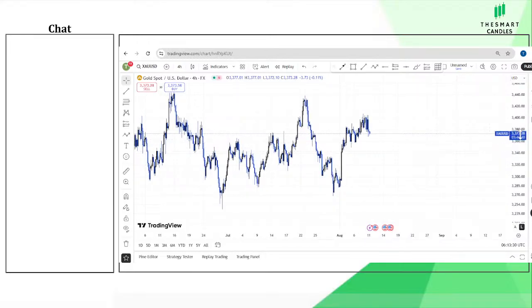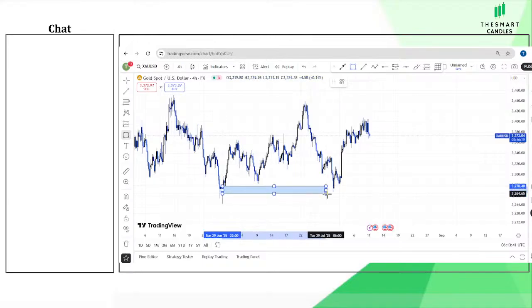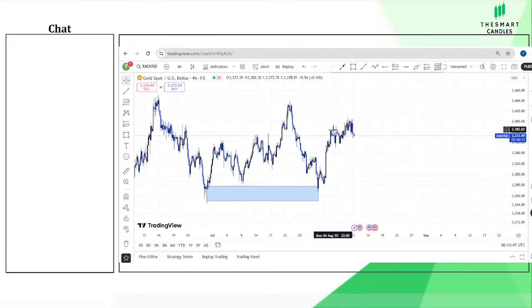So looking at the gold price action, first, what can we see? See this order block that has been mitigated. What do you see next?